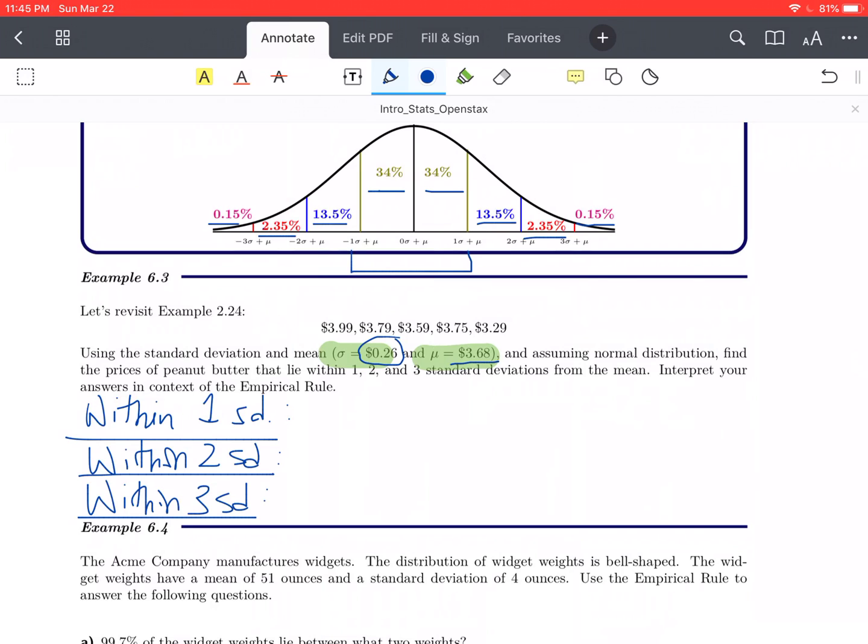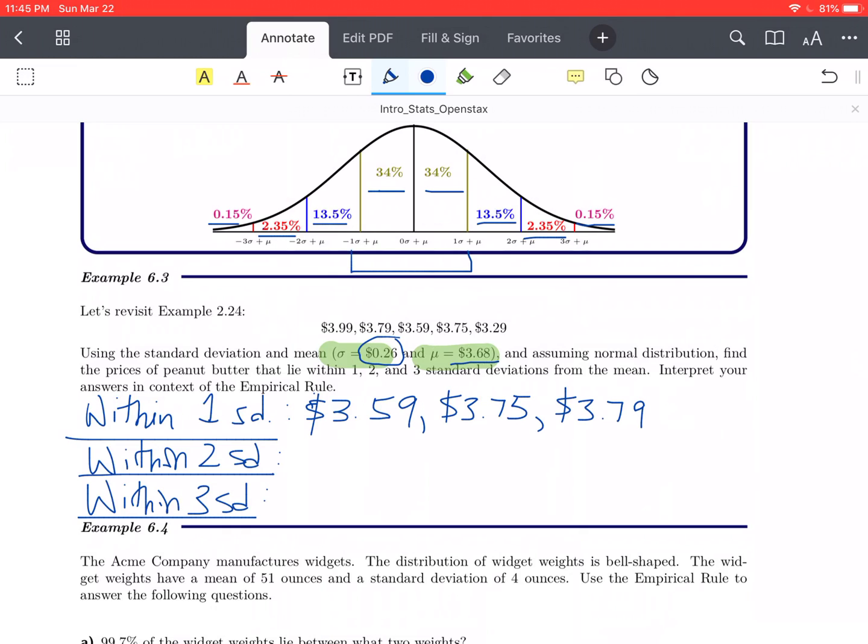Those numbers in ascending order would be 3.59, 3.75, and 3.79. Those all lie within 1 standard deviation of that mean.